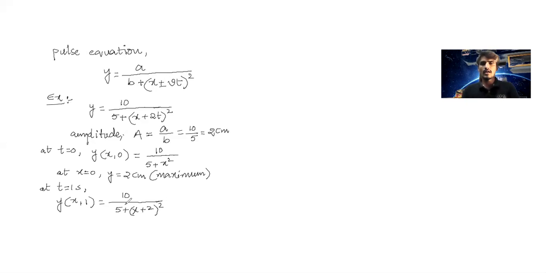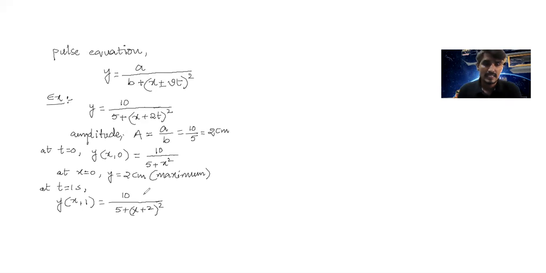Understand? We have got another equation at t equal to 1 second. Now observe that equation carefully. If we want to get again the maximum value of y, what do we have to do?